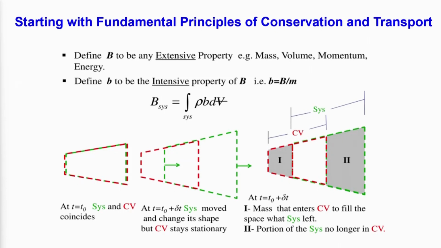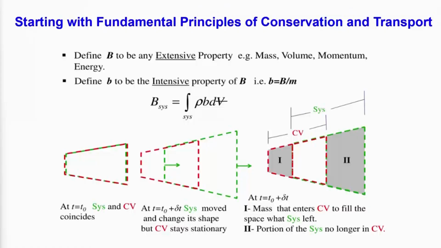The system is shown by the green dotted line. It is a collection of mass which at time equal to 0 is coincident with a region, the red dotted line, which is your control volume, that means your fixed place. But after some time, at time equal to t0 plus delta t, the system, which is the Lagrangian concept, has moved to the new green line.